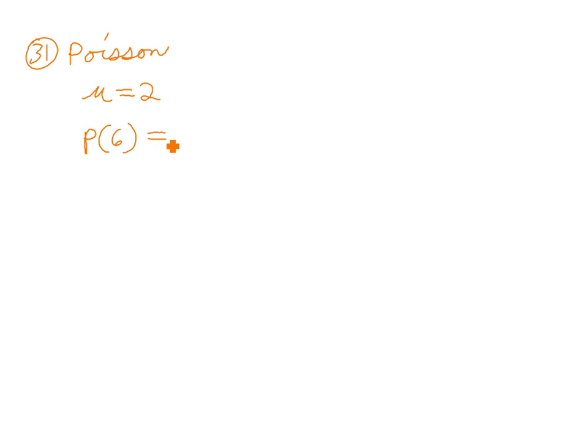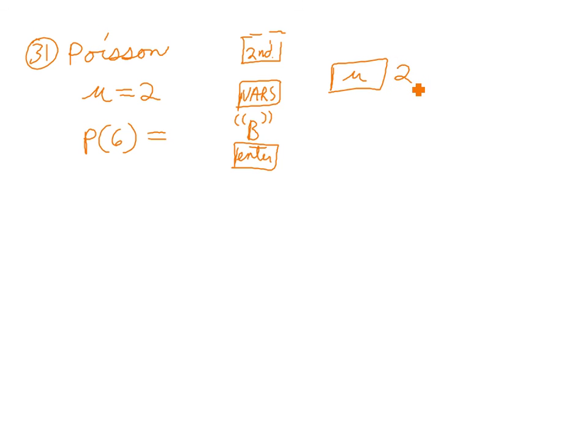And again, you could try that big long formula longhand if you want. I'm not going to. I plug mine into the calculator. You hit second, vars, go to B. That's Poisson's. And you hit enter. Then you enter your mu, which in this case is 2.